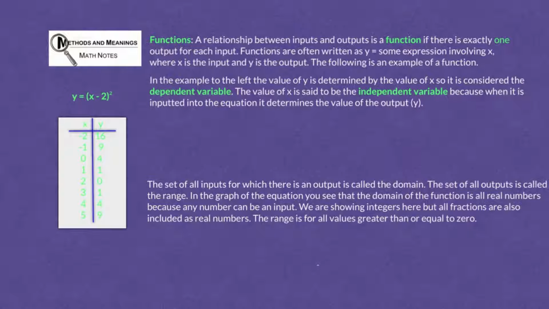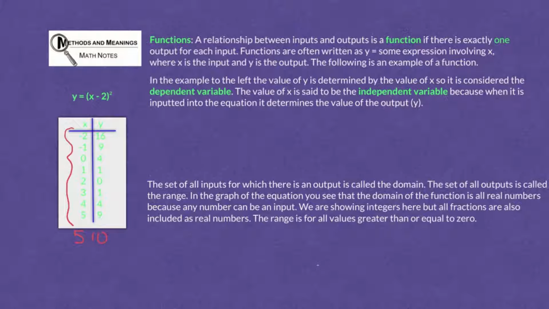So this one's dealing with functions. A function is a relationship between inputs and outputs. And a function has exactly one output for each input. If you notice here, every single one on this particular example, all of these x's just have one y. If I was to plug in another 5, and let's just say it was 10, even though it's not going to be 10 because that's not possible, I couldn't have a function if I had a 5 and a 10 there.